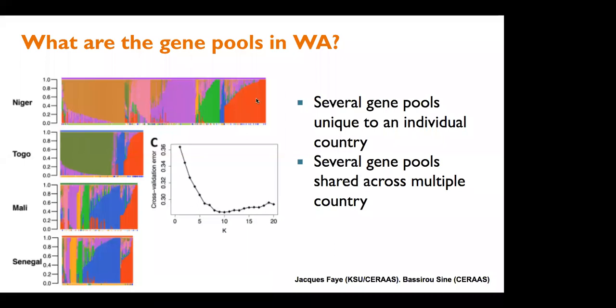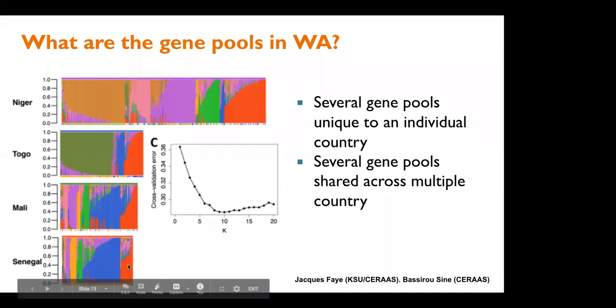And you can see now the breeders have an accession by accession map of, these are the caudatum genotypes in red, which are the similar caudatum genotypes in the different countries. That's a part of Jacques' paper describing the West African Sorghum Association panel from phase 1. It also shows that there are some unique gene pools that are really only prevalent in one of the countries.